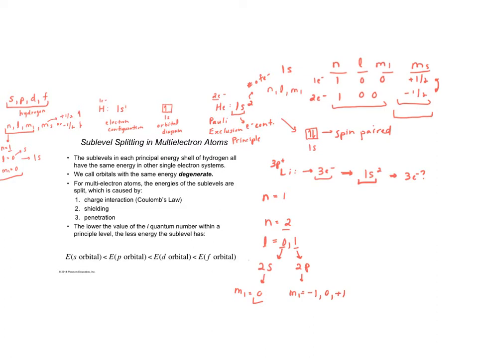So that tells us that there are 3 p orbitals, right? I shouldn't write 3p because that makes it seem like 3p, but there are 3 p orbitals. Okay? And they all differ in their orientation in space. So we can say there's a px, a py, and a pz.